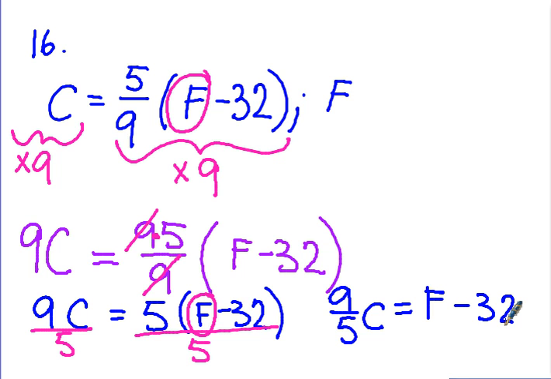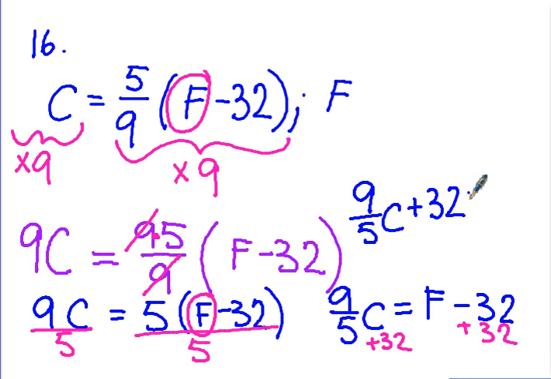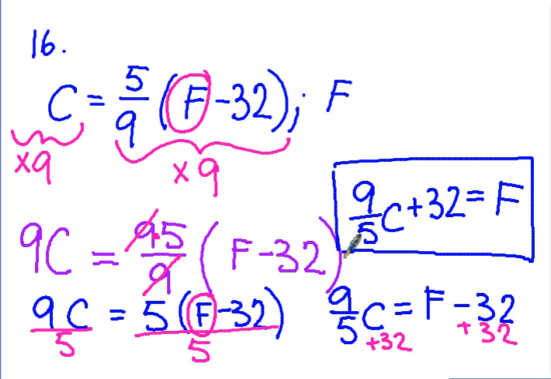And after adding 32, that's inverse operation to subtraction, we get the final answer, which is 9/5c plus 32 equals f. I know it looks a little bit complicated, but it's the basic steps one by one by one. So just focus on the basic steps and do it step by step and you will get right there.